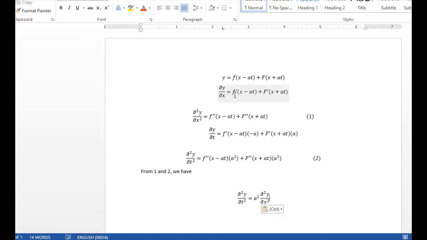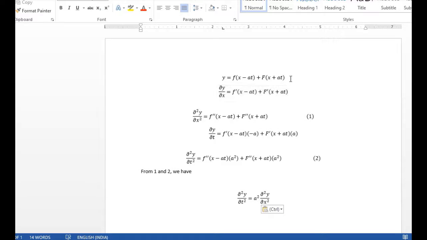So del y upon del x is f prime of x minus at plus capital F prime of x plus at. Now again we differentiate with respect to x. We get del 2y upon del x square is f double prime of x minus at plus capital F double prime of x plus at. Say this is equation number 1.